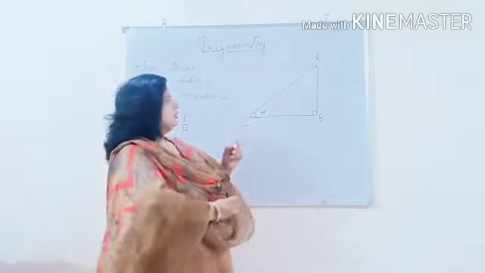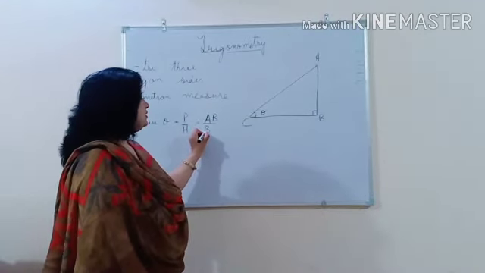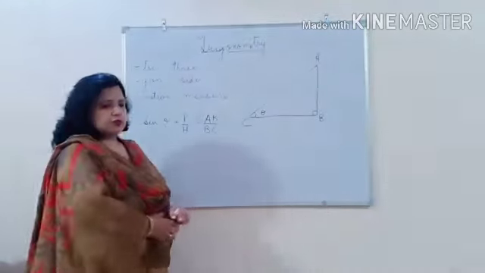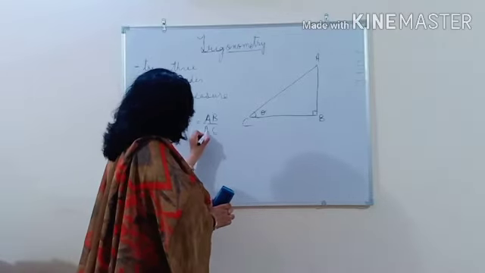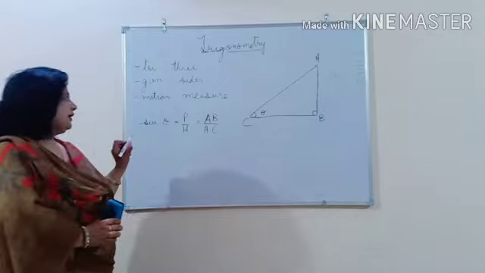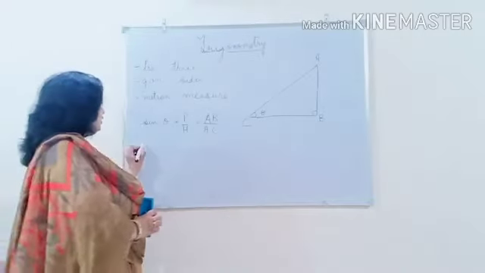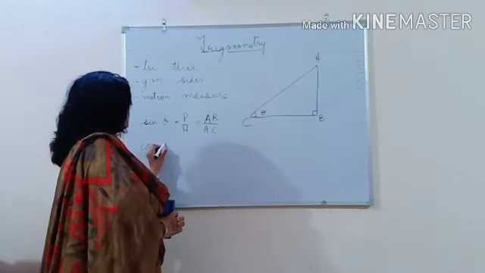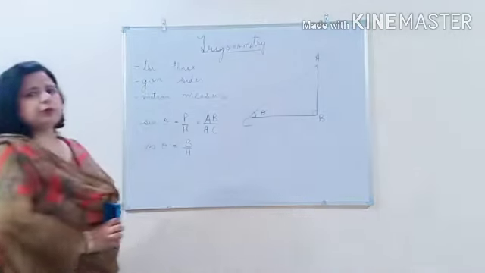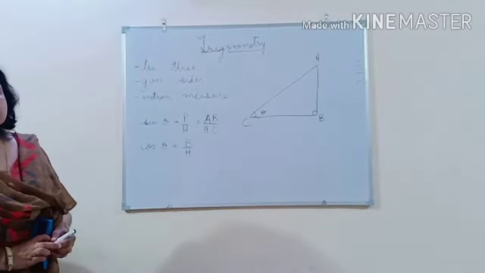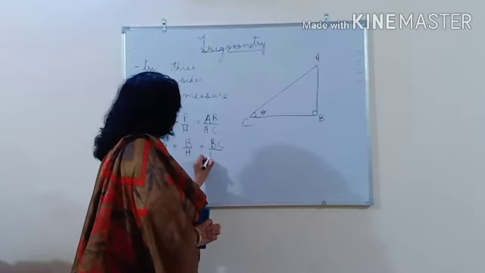Perpendicular here is AB and hypotenuse is AC, so sine theta will be AB upon AC. Then we have cosine theta, or cos theta, which is equal to base upon hypotenuse. In the figure, base is BC, so it will be BC upon AC.